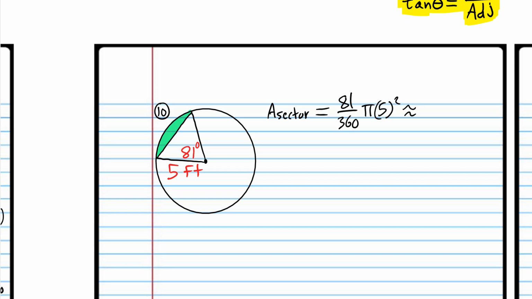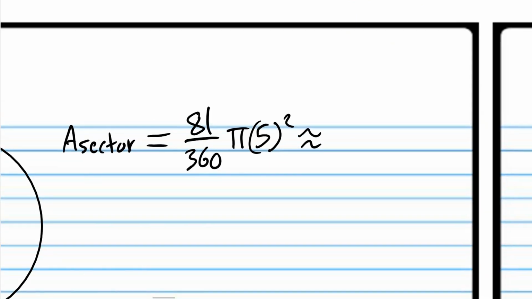And in your calculator, 81 divided by 360 equals times pi equals times 25 equals, because 5 squared is 25. And we get 17.6714.